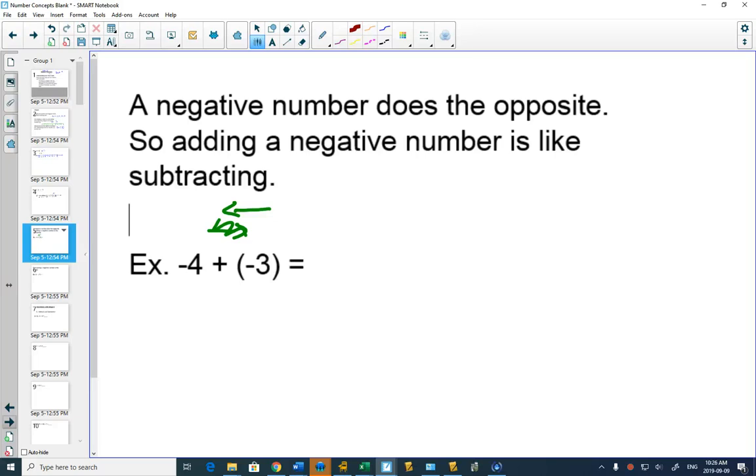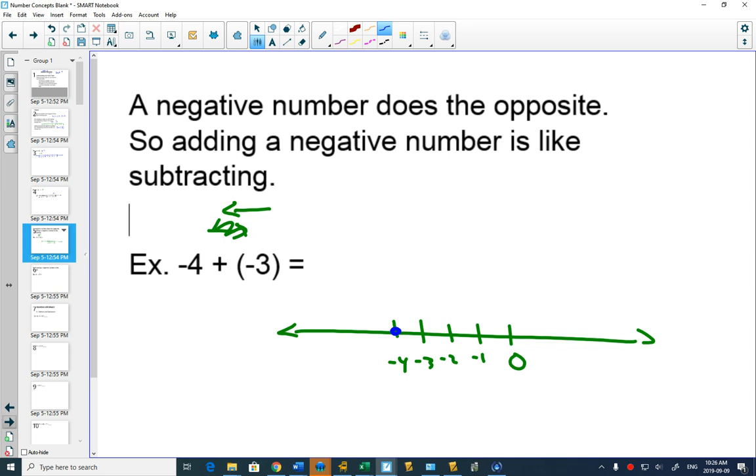So if I have negative 4 plus negative 3, on my number line, right, here's 0, 1, 2, 3, 4, negative 1, negative 2, negative 3, negative 4. This is my starting point. I'm starting at negative 4.